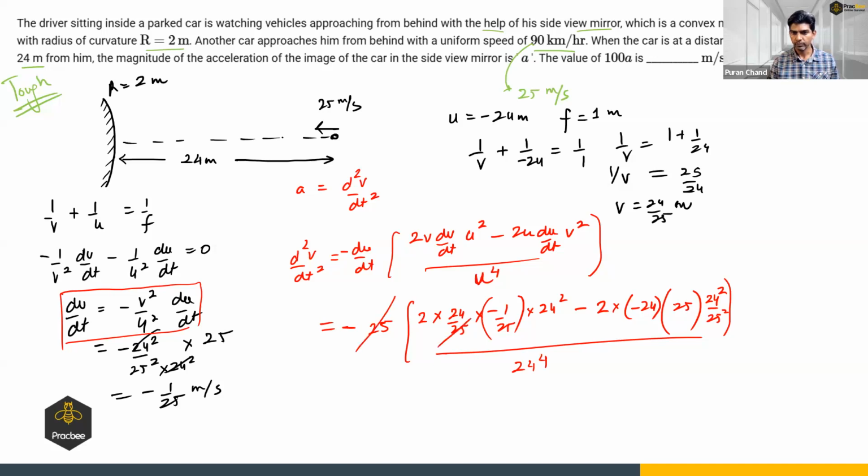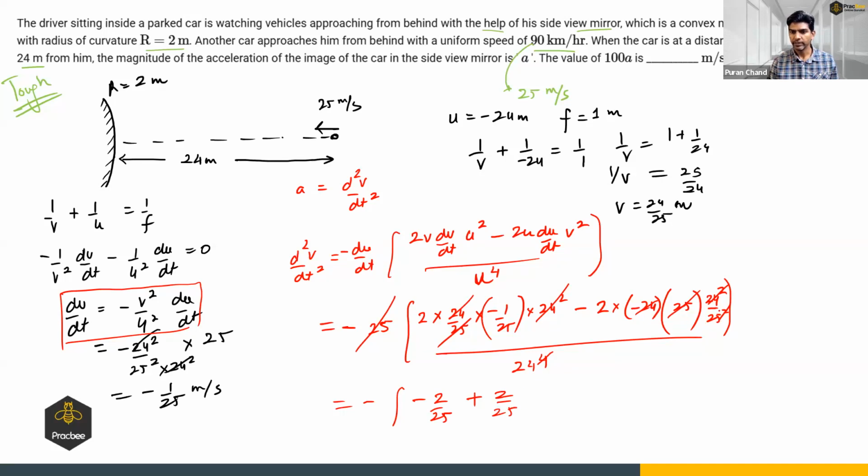So 25 will get cancelled out. Then 24 raised to power 3 will get cancelled out, right? So we have minus 2 by 25 plus 2 by 25.